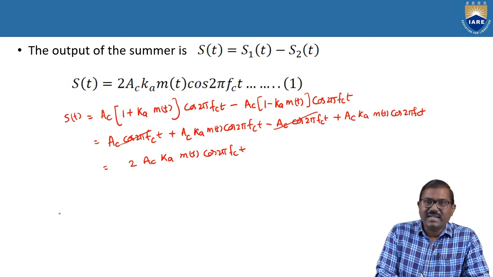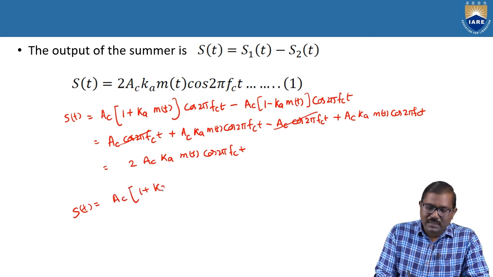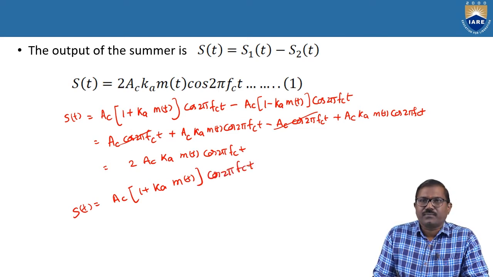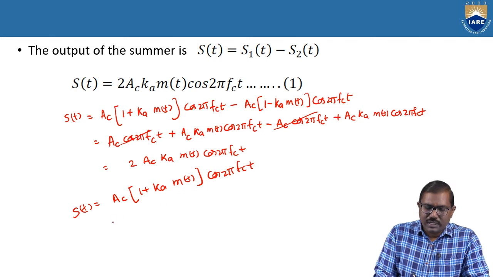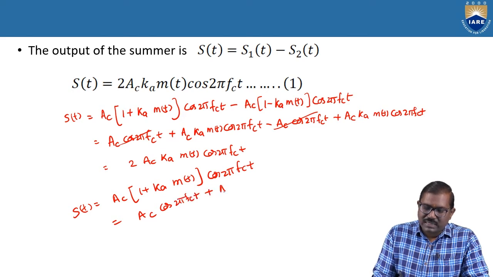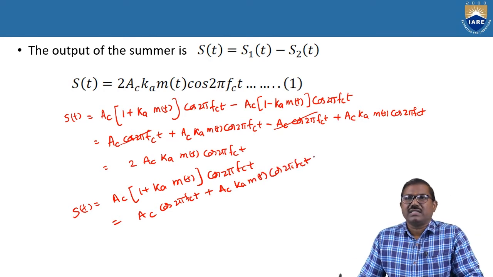Expanding this, you get Ac cos 2 pi fct plus Ac Ka m of t cos 2 pi fct.